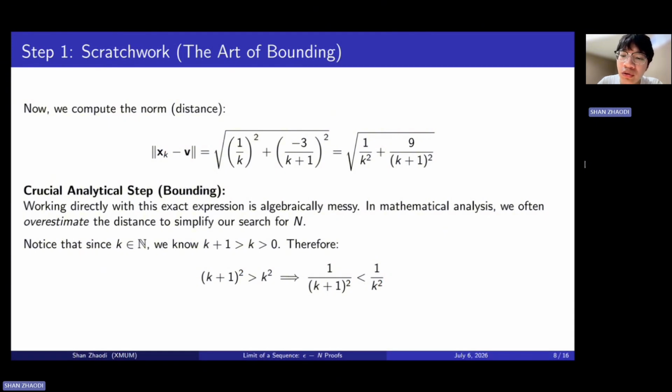Now here is the crucial analytical step. Working directly with this expression is algebraically messy. Instead, we should use the art of bounding. We know that k+1 is strictly greater than k. Therefore, taking the reciprocal squares, we can deduce that 1/(k+1)^2 is strictly less than 1/k^2.